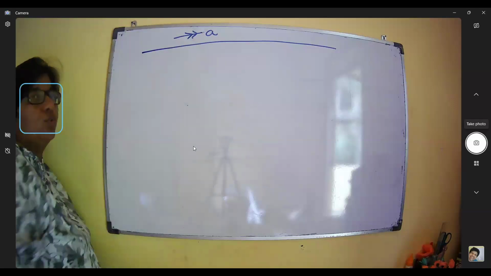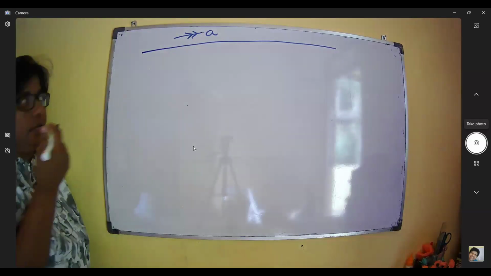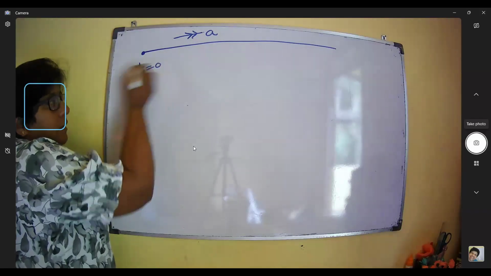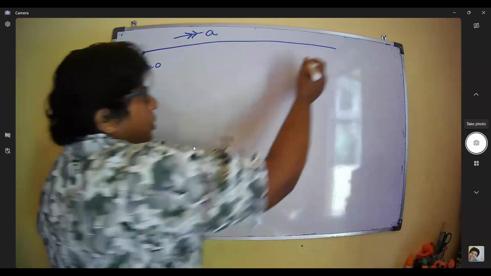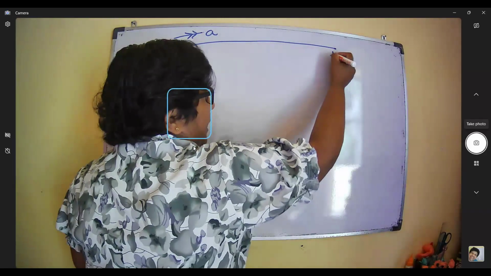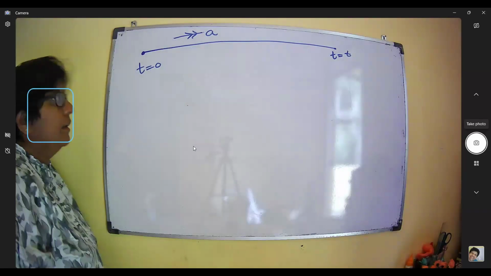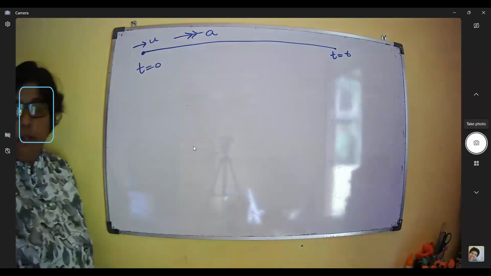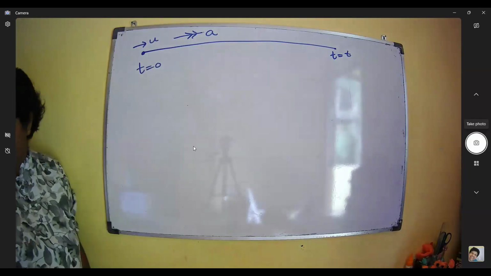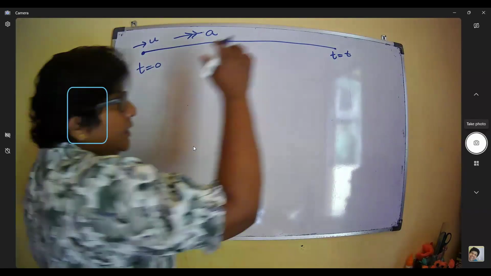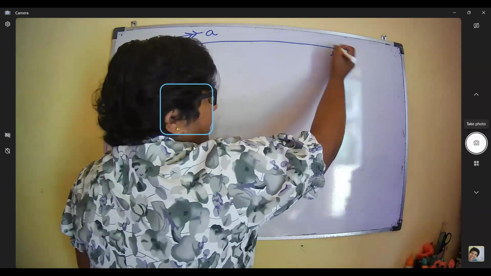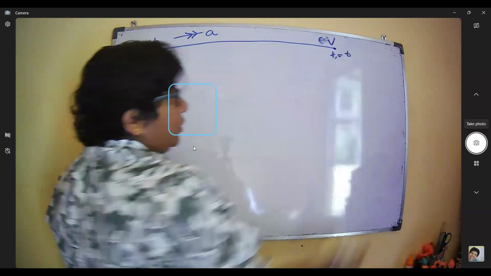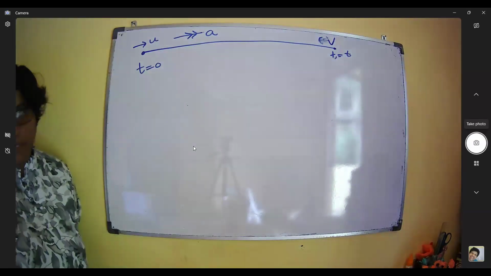I am putting two arrows representing the acceleration. Initially, at the beginning, we take time as 0, and at the final time it is simply t, right? The initial velocity I am taking as u. If you want, you can take v naught or v_i. After time t, the final velocity I am taking as v. If you want, you can take it as v_f.